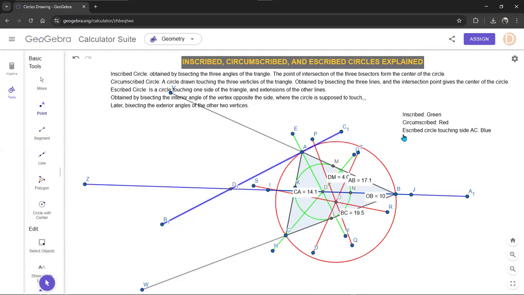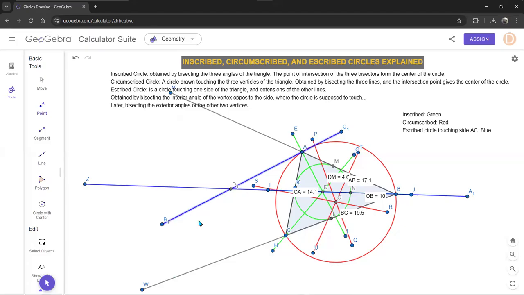So the interior angle is A, C, B. This is the interior angle, this one here. And then we have the exterior angle being A, C, now W. This is the big angle here.